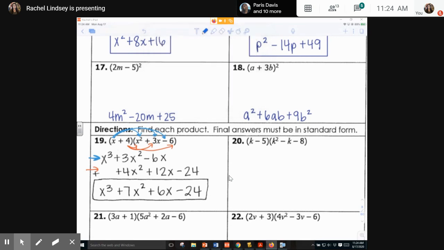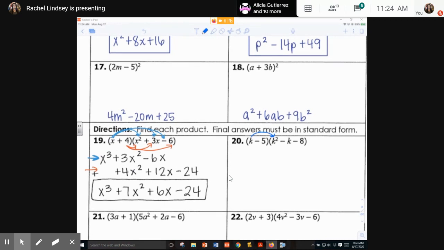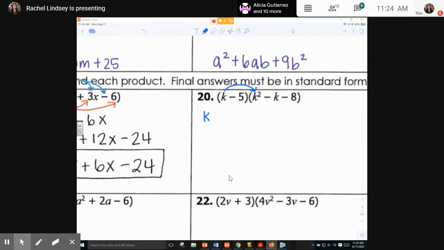Okay, so looking at 20, I have k times k squared. What's k times k squared? K cubed. And then k times negative k, negative k squared. And then k times negative 8, it's negative 8k.